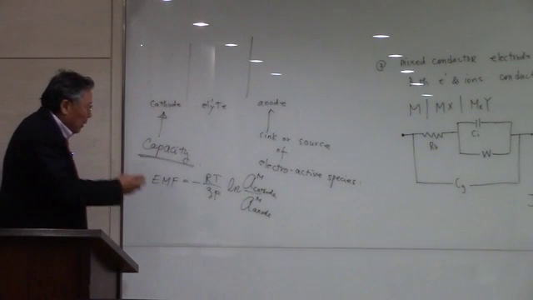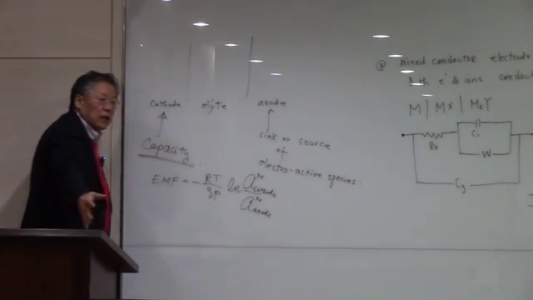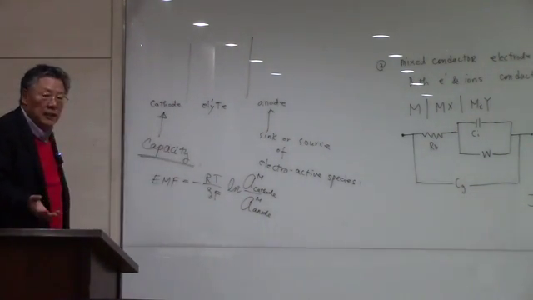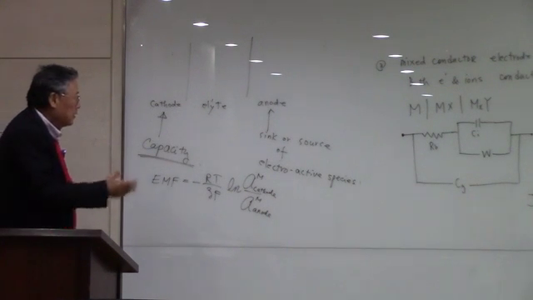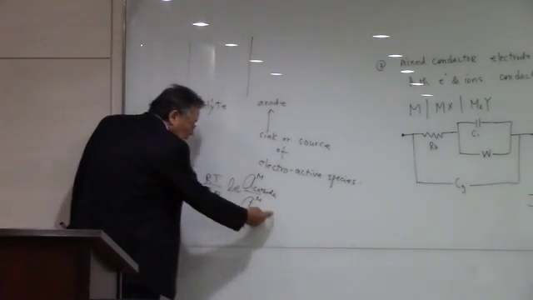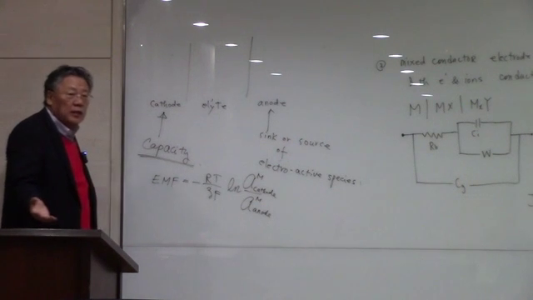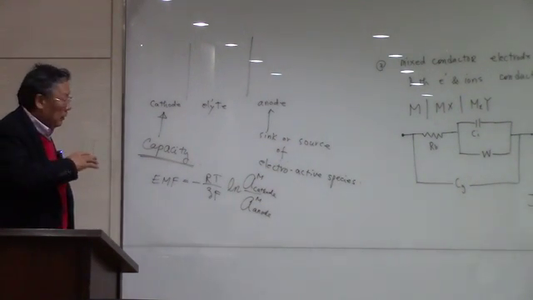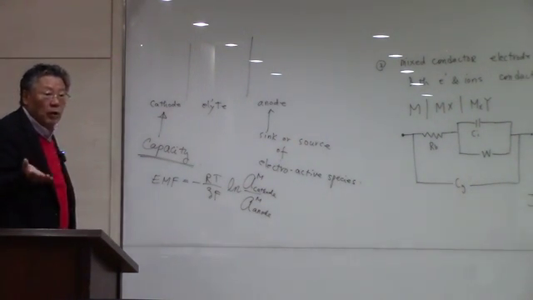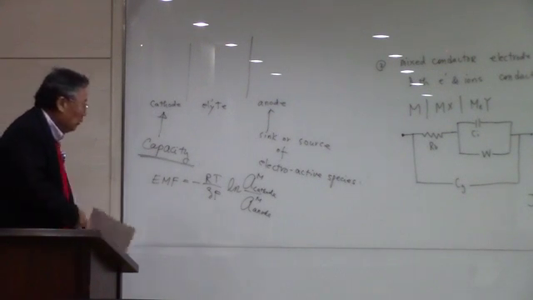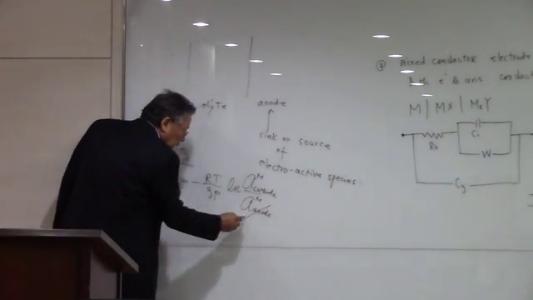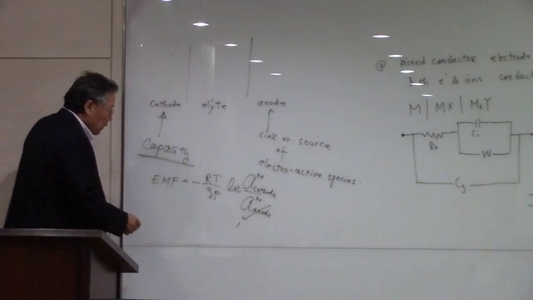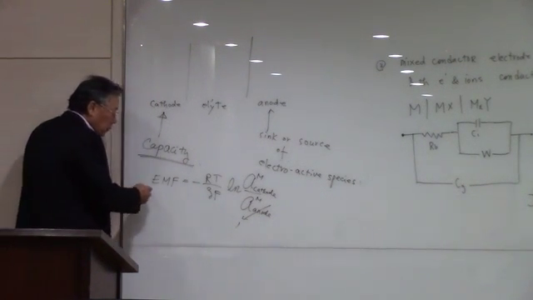Now, if this anode is just working as a source or a sink, this activity doesn't have to be smaller than 1. Okay, if we use the pure material, then it's going to be 1 to have a good potential here.